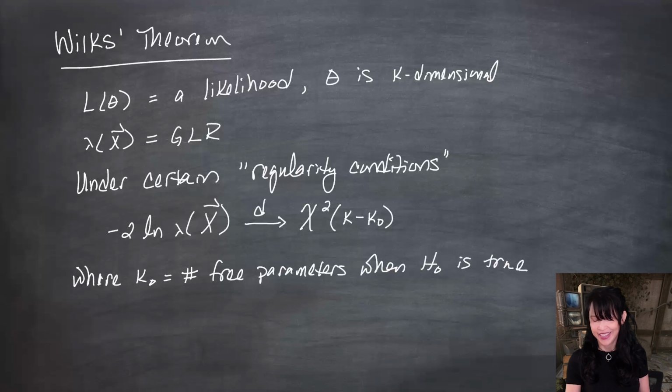So in other words, this could be written as just the number of fixed parameters under the null hypothesis. But for reasons, it's usually written this way.